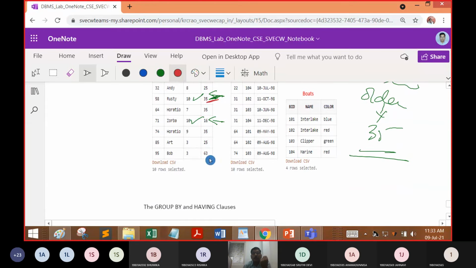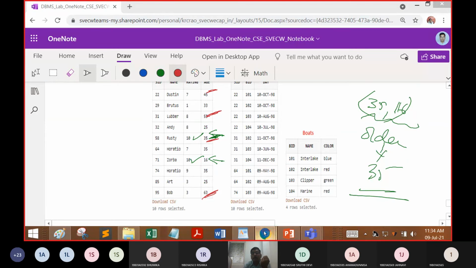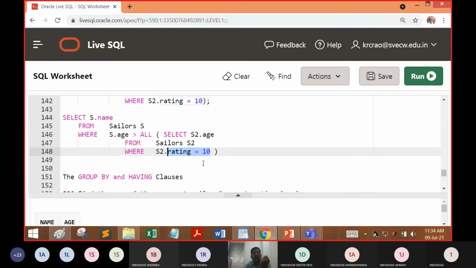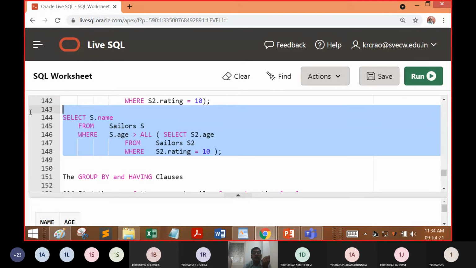Then I can expect Bob should be in the list, the reason was his age is greater than 35. This SQL part is to see whether this query is executing as per our needs.